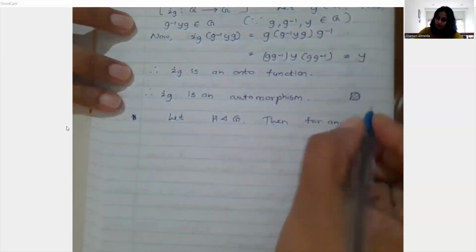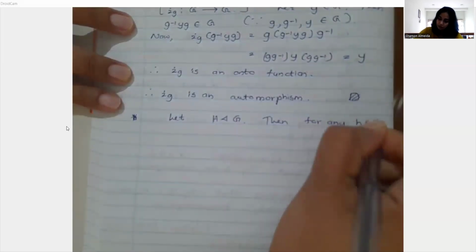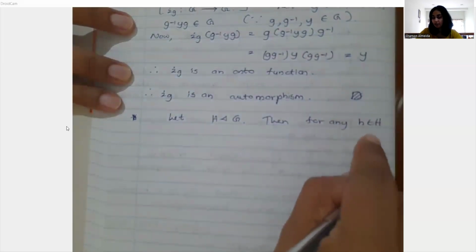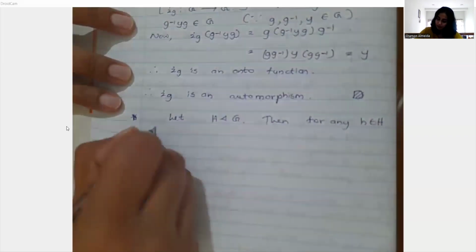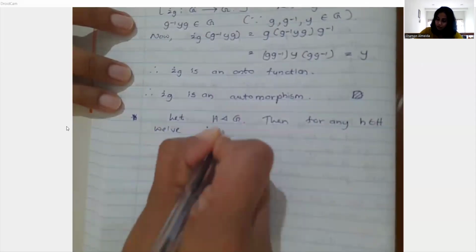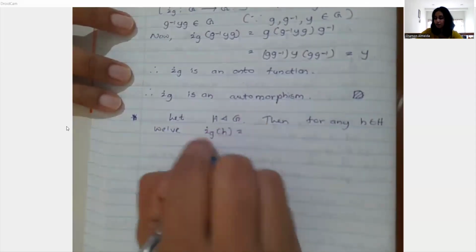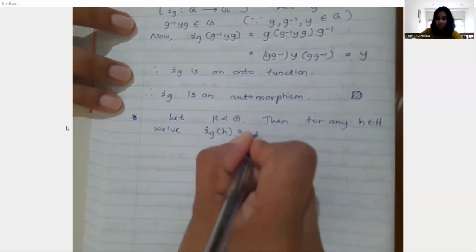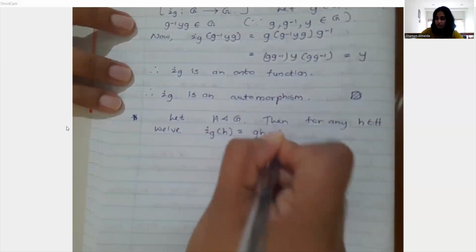for any h element that you take from this normal subgroup, we have I_G of h. By definition of the map, this is g h g inverse.